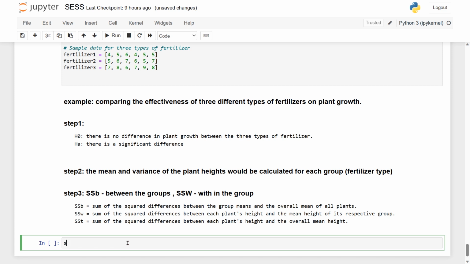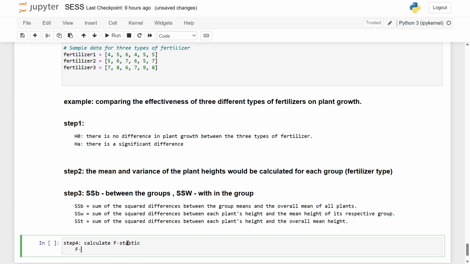Now it's pretty straightforward. Step 4, calculate the F statistic. The F statistic is calculated by dividing the between group variance, SSB, by the within group variance, SSW.